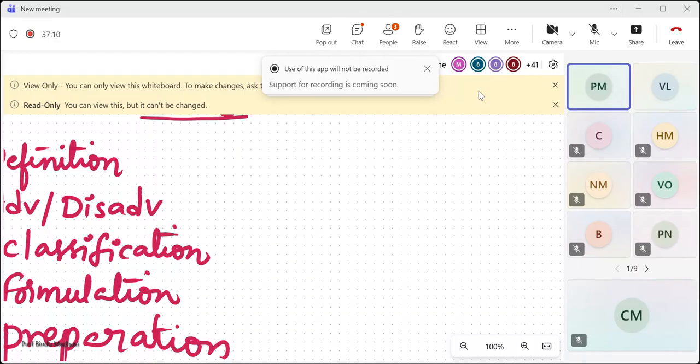So from the buccal mucosa or from the sublingual mucosa, the drug directly enters into the systemic circulation. It is not passing through the liver, so we can avoid the metabolism or its conversion into inactive form by giving the drug through either the buccal route or the sublingual route. So that is the buccal tablets and sublingual tablets.